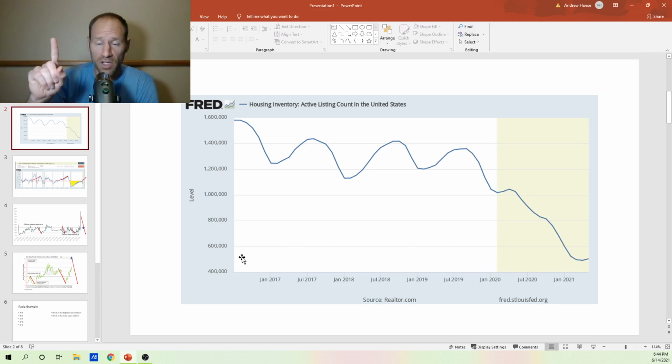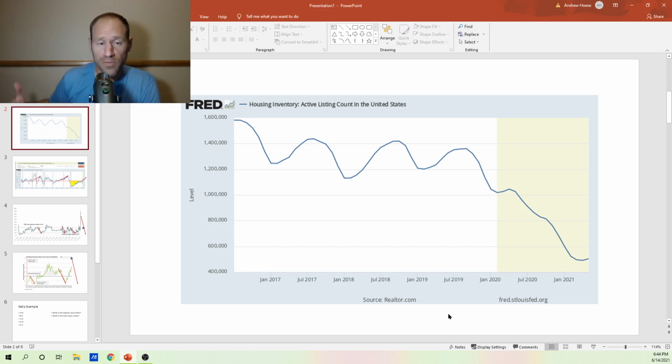That is a little over 1 month of inventory. This one is January 2021, and it goes past it. So this is the lowest that we've ever seen. So what you would expect is the highest increase in prices that we've ever seen. And I think that correlates very well.